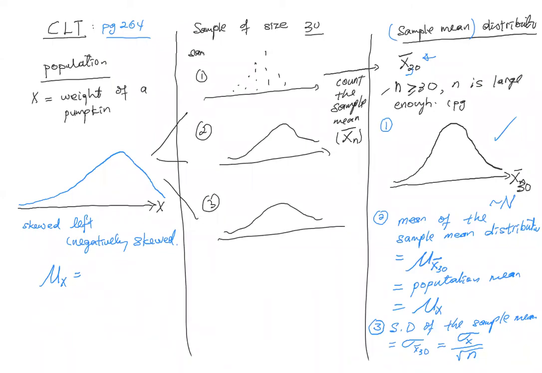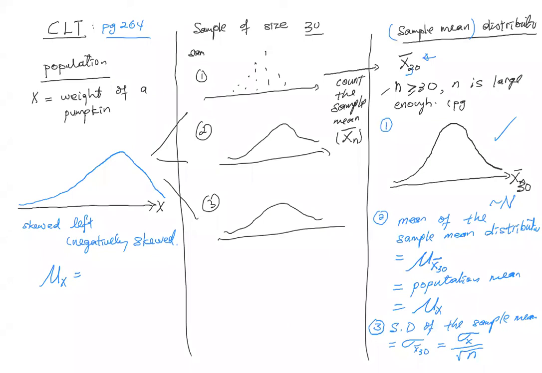Your parameter can be the mean, the sum, or the proportion. The central limit theorem is a very powerful theorem to let us know the distribution of the sample mean or sample proportion or whatever you are talking about.